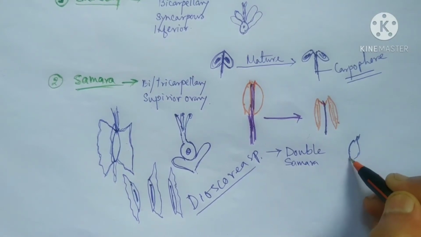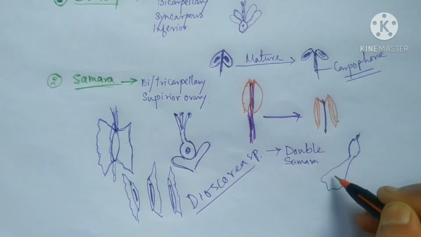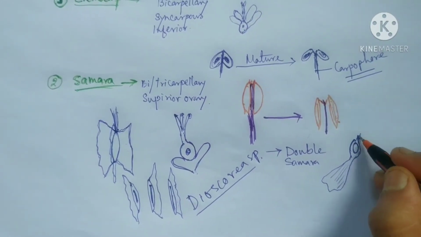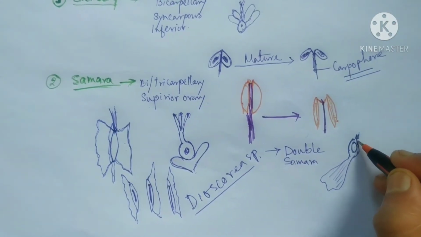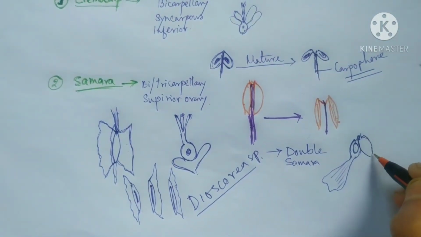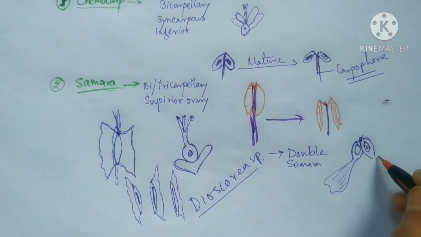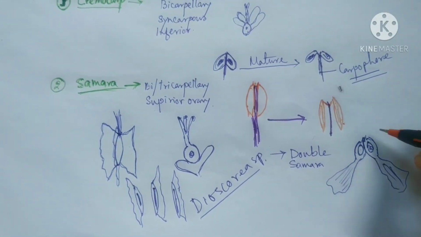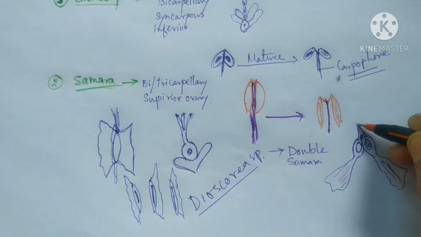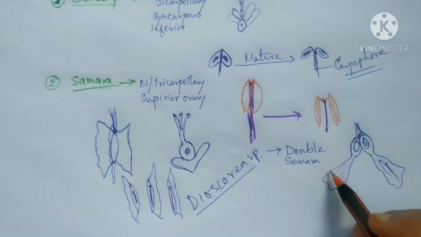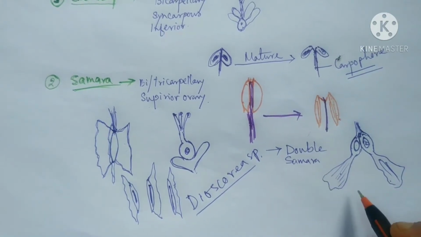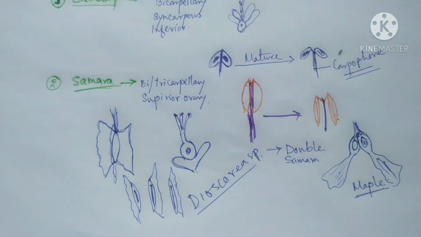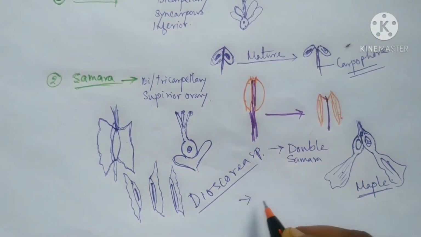This is a pericarp wing type and it contains a seed, and here is another part which contains a seed and a wing-like pericarp, and both are attached with each other. So this is also double samara, and this is maple fruit.